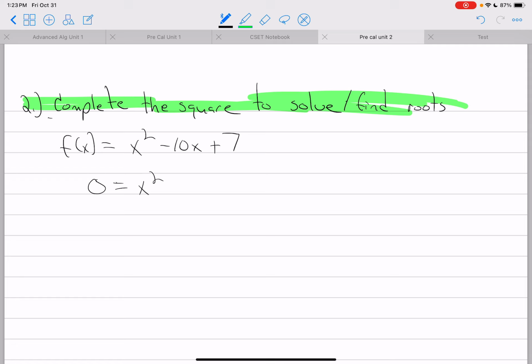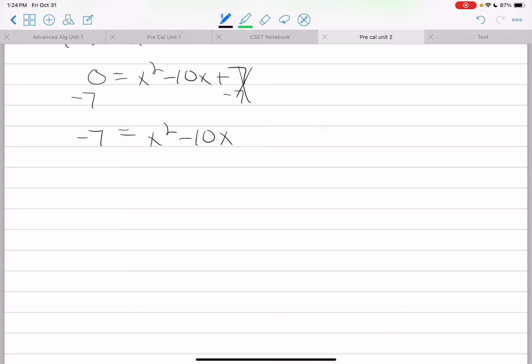So we have x squared minus 10x plus 7, just like when we were in factored form. But now I'm going to do that whole completing the square thing. Let me move this 7 over, and I end up with negative 7 equals x squared minus 10x. And here is where I'm going to complete the square.